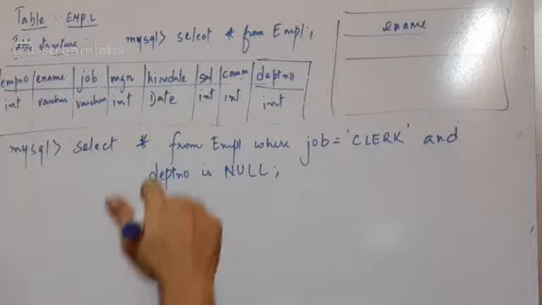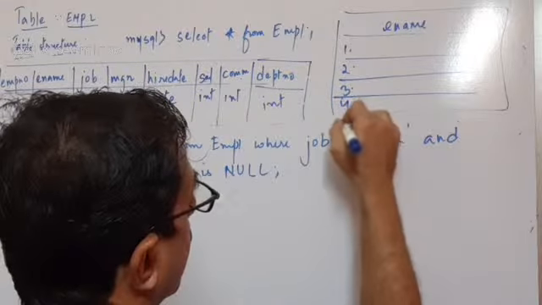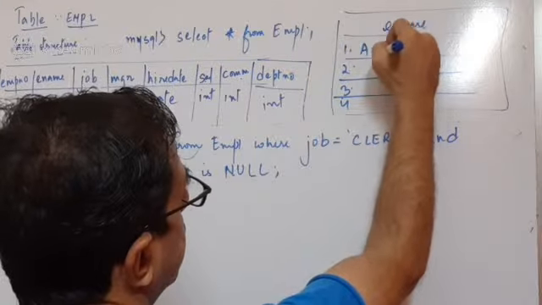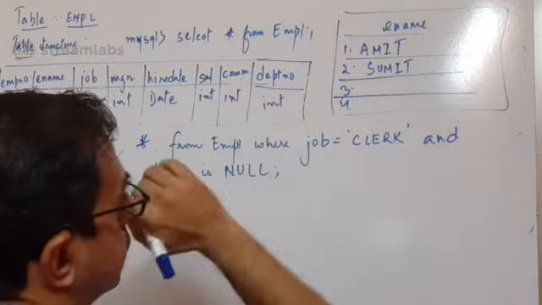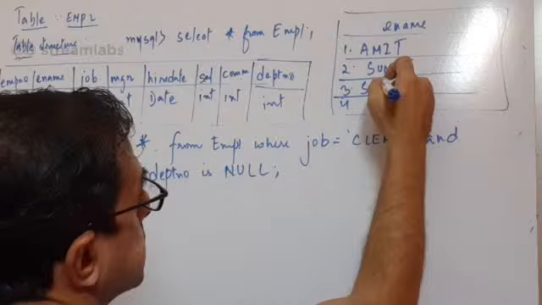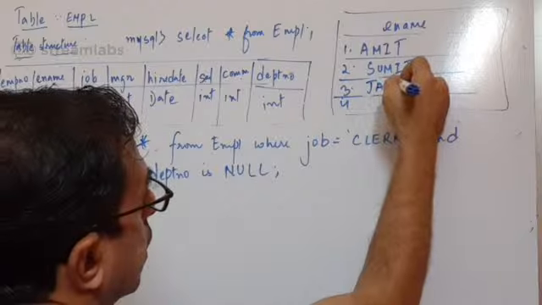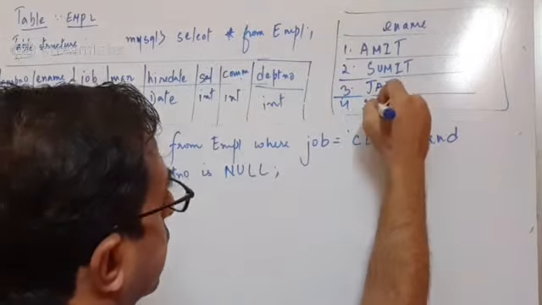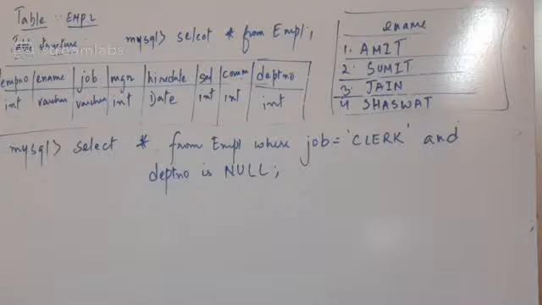In this ename column, you will find certain names, like Amit, Sumit, Jain, and one more name, Shashwat.